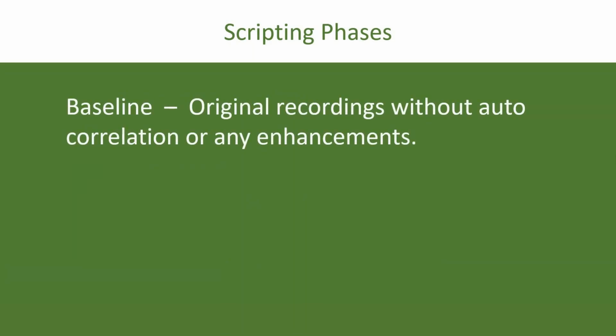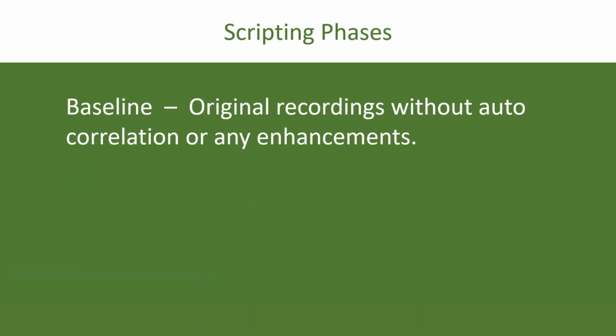In this best practice, there is one part which is the scripting phases. The first phase is baseline. In this phase, we have to retain the original recording without any autocorrelation or any enhancements applied on the script. Remember I was showing that we have to skip one step.